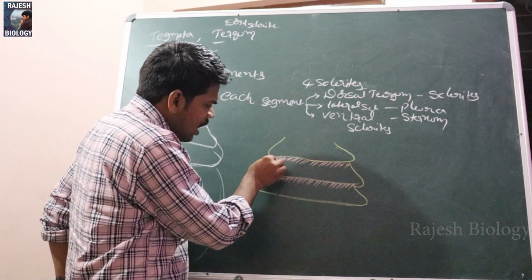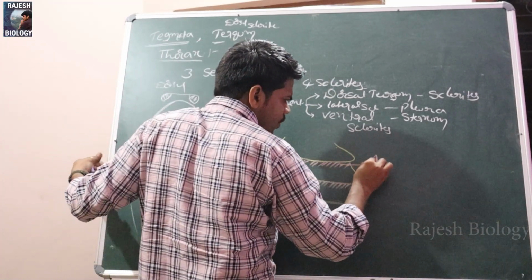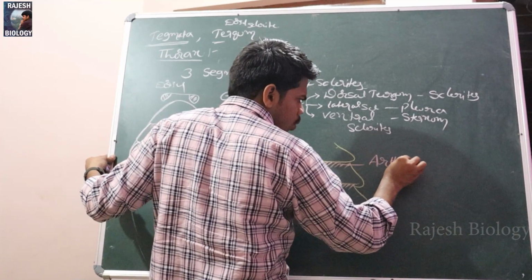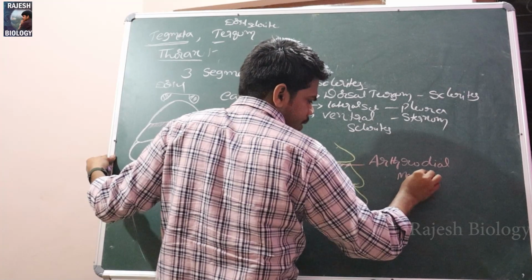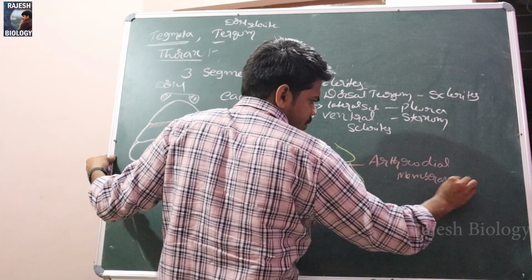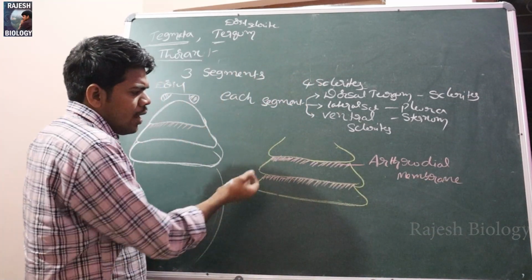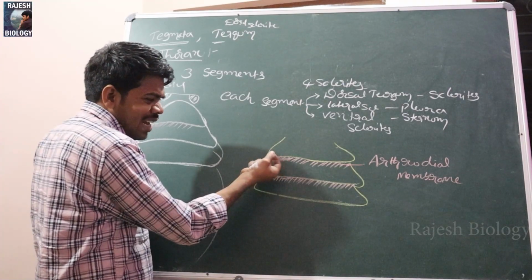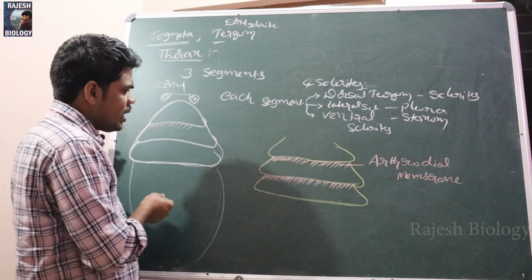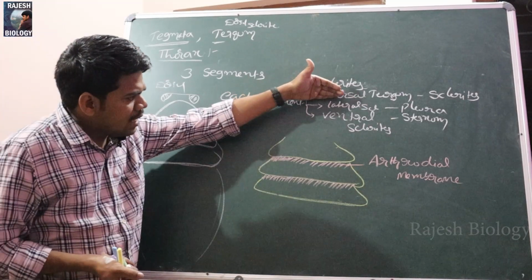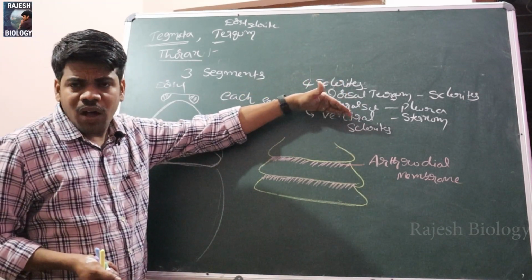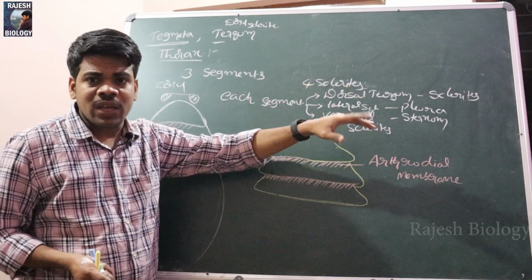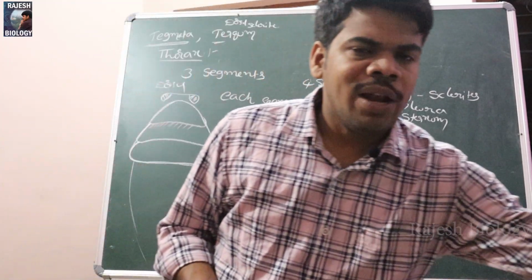The arthrodial membrane helps in the attachment of the adjacent sclerites. So tergum, pleura, sternum, all are attached with one another with the help of the arthrodial membrane.